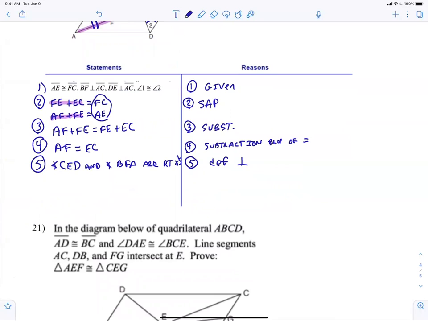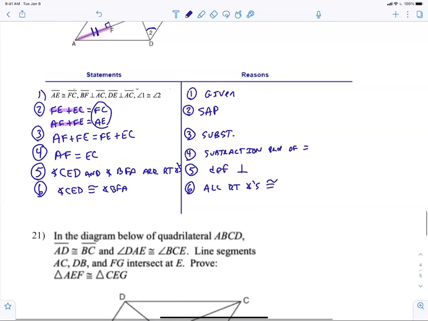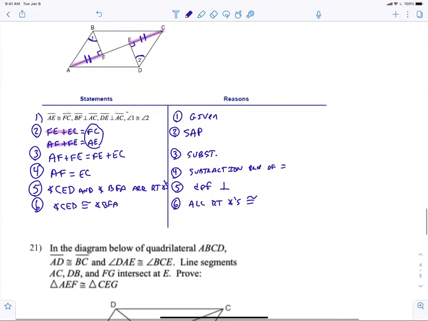What's with all these bells? Step 6. Then we can say that angle CED is congruent to angle BFA. All right angles are congruent. All right, very nice work. So now we can say what? Someone.